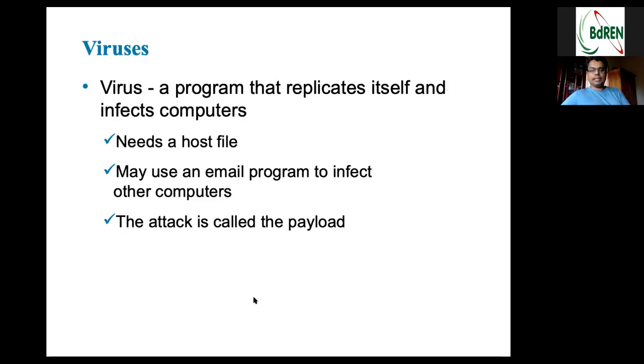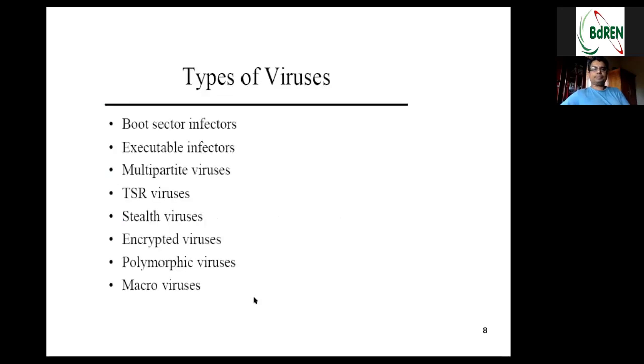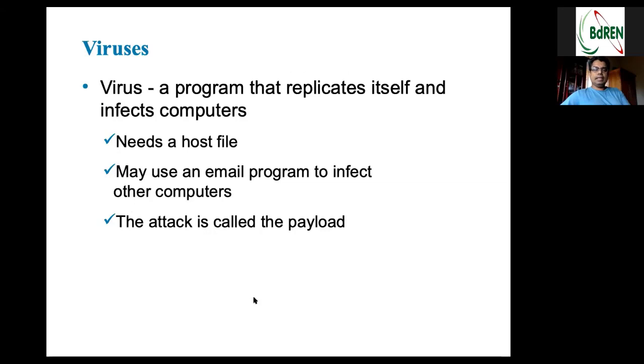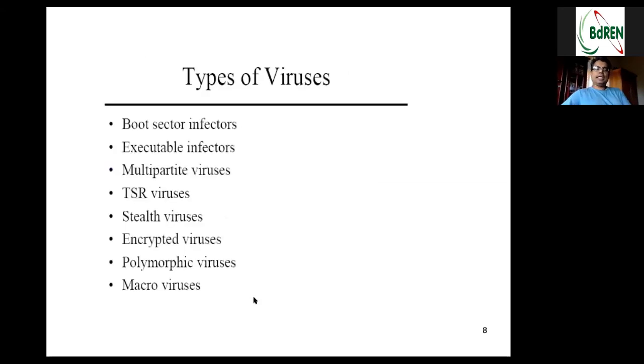The payload is basically written into other code. In history up to now, we can see so many viruses. Those viruses are usually categorized into different categories. Some of these categories no longer exist. Among those that do, the most popular virus categories nowadays are the encrypted virus, the polymorphic virus, which are kind of the same category, and the macro viruses.